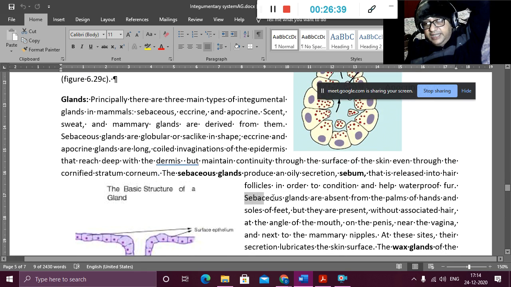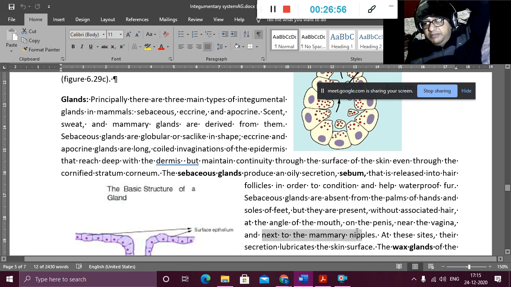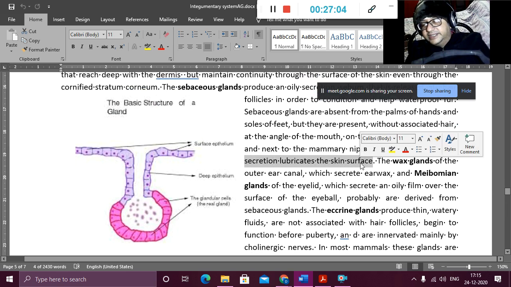Sebaceous glands are absent from the palms of hands and soles of feet, but they are present without associated hair at the angle of the mouth, on the penis, near the vagina and next to the mammary nipples. At these sites, their secretion lubricates the skin surface.